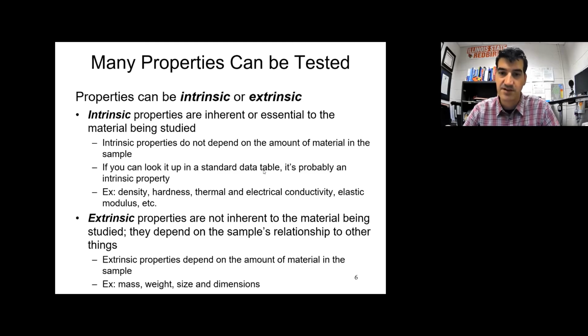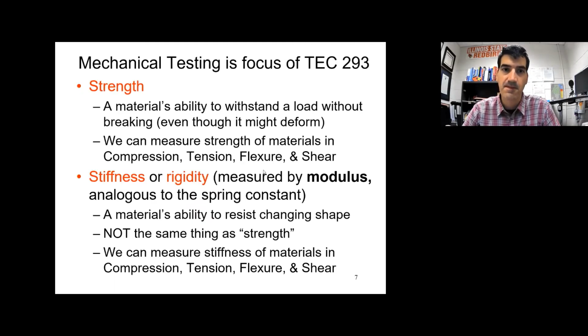Those are intrinsic properties. All right, a few terms that you're going to hear repeatedly in this course, so I want to go ahead and introduce them now. The first one is the strength of a material. Here's a definition of strength: it is a material's ability to withstand a load. Let's say here's a plastic specimen.